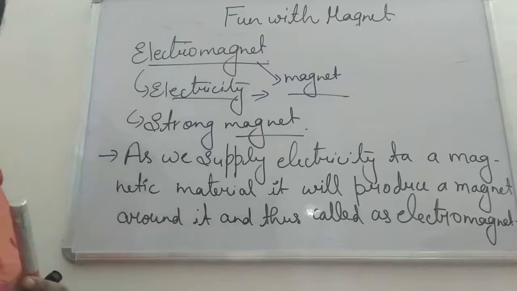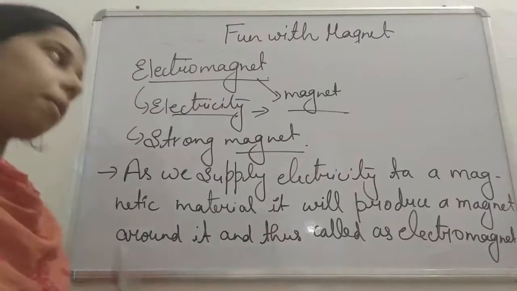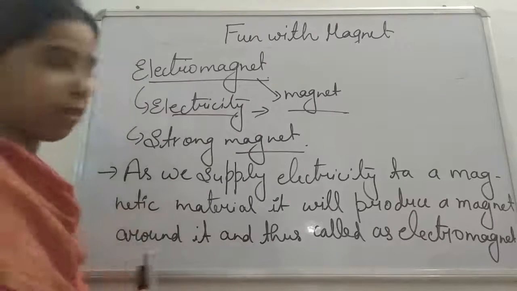Okay, students? So these are electromagnets, which are produced by electricity, student.